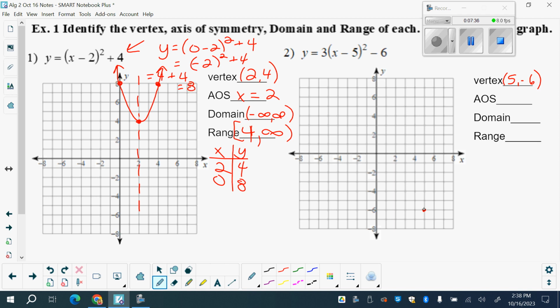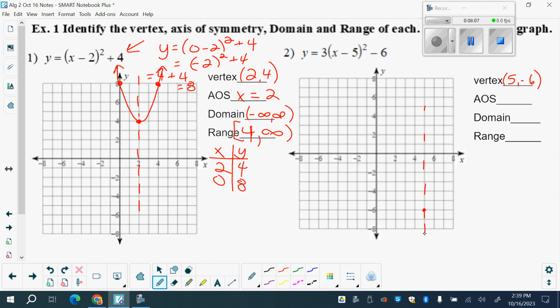Now our axis of symmetry, because it's y equals, is going to be a vertical line that goes through this point. So what is that axis of symmetry? Good question. We don't use the 3 for the vertex. We use it to find our other points, but it does not affect the vertex at all when it's in that vertex form.